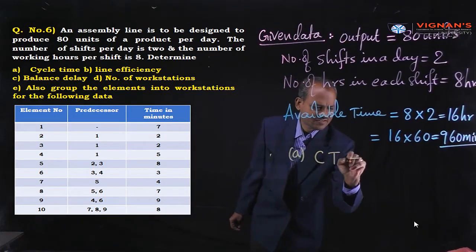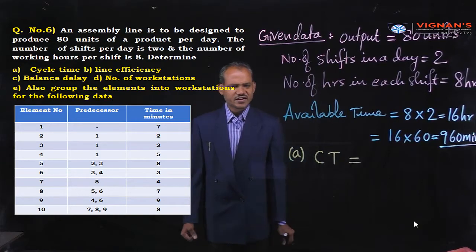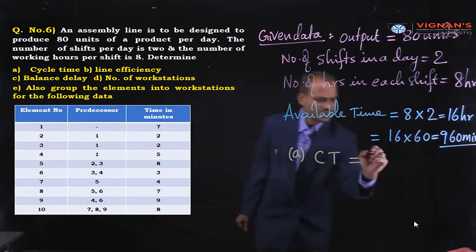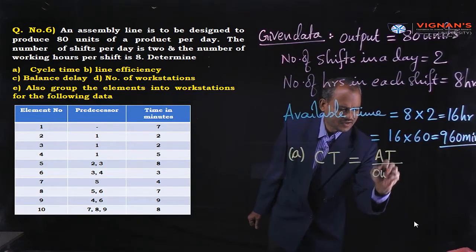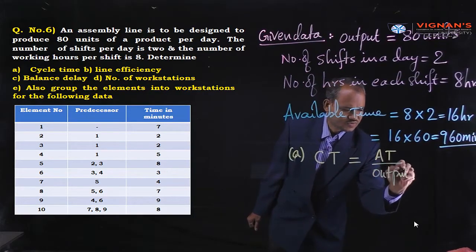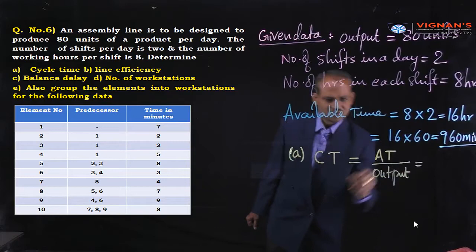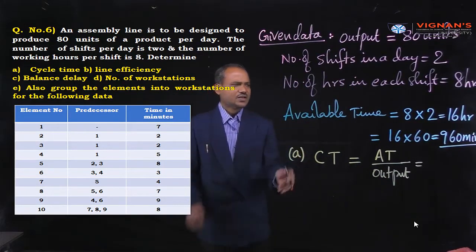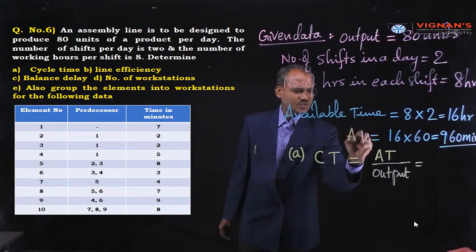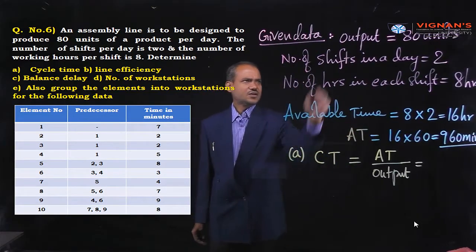It is indicated with the symbol CT. Cycle time CT is equal to available time by output, that is AT by output. We know the available time, we know the output.